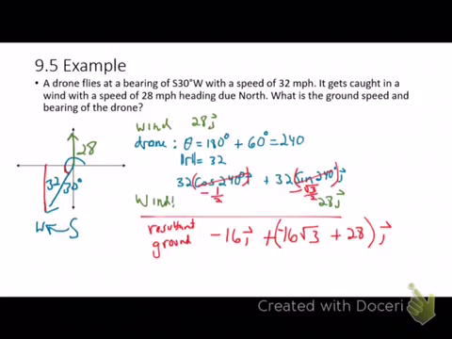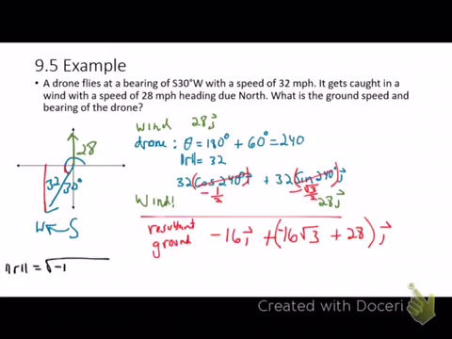But that's not what the question's asking. The question's asking what the ground speed and the bearing will be. So, starting with the ground speed, that will just be the square root of the x squared plus the y squared.